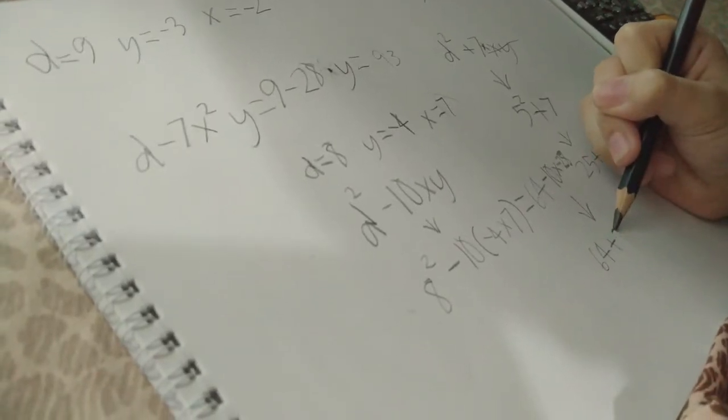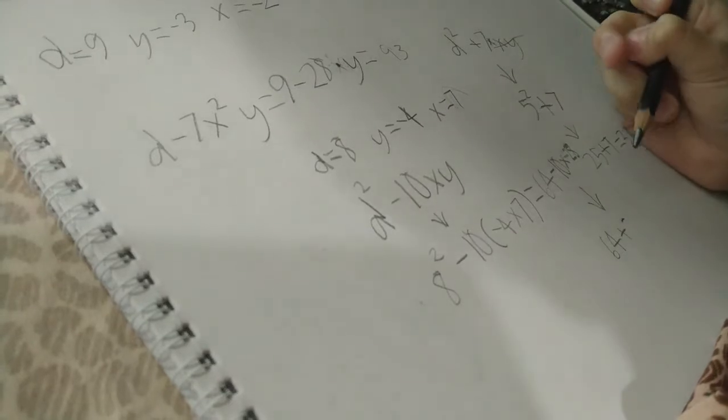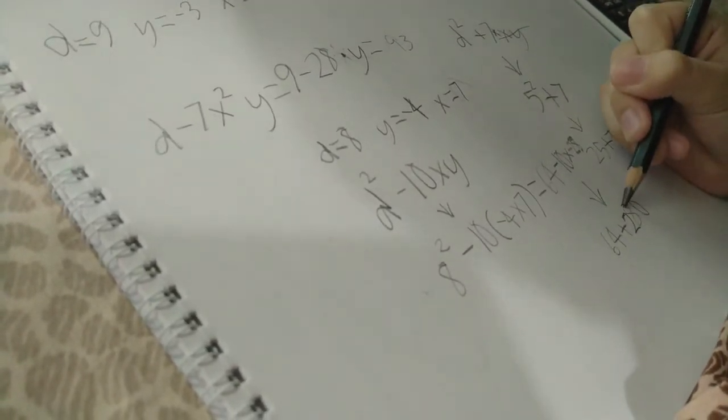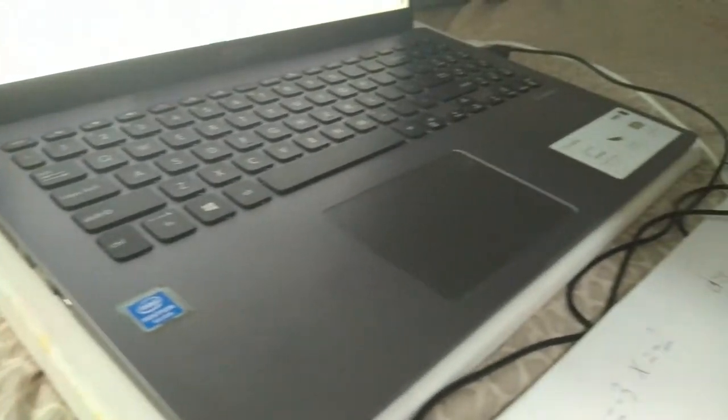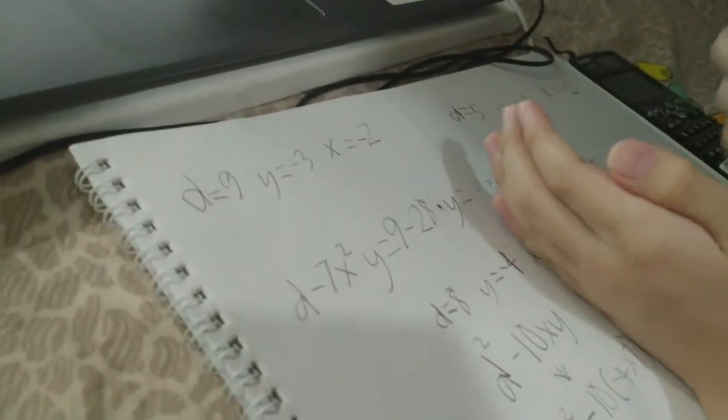Plus negative, it's multiplying negatives together, so I'll make it a positive. 64 plus 280. This is an easy problem, it is not tricky. Positive and negative, right? It's 10 times negative 28, negative. But is the 10 positive or negative? Positive.